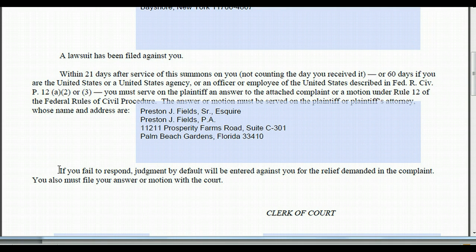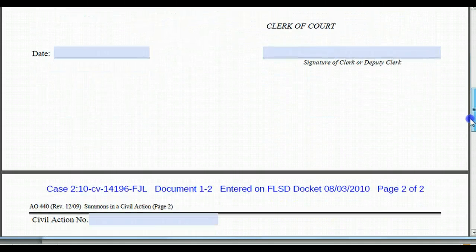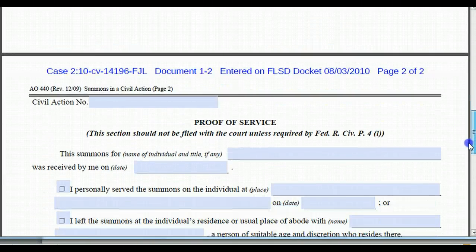And if you fail to respond, judgment by default will be entered against you for the relief demanded in the complaint. So it's telling the defendant it is not optional to respond to this lawsuit. You must respond to the lawsuit, or you're going to be defaulted.